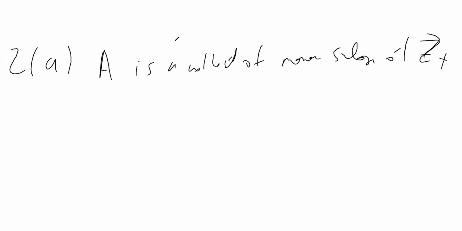So basically, you're given some subsets of Z plus, and you have to choose an element for each of them. Note that those subsets can be infinite. Gaurav, any ideas for a choice function?